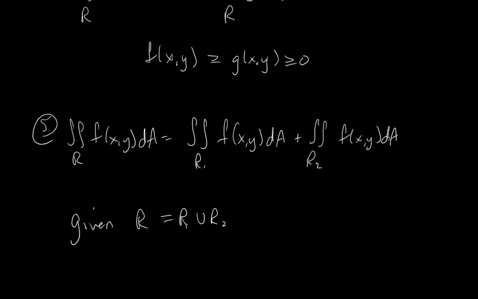Okay, so just like what we saw in the previous example in section 14.1, we can split these regions up as needed and then add the volumes together to help us get a better angle on some of these.